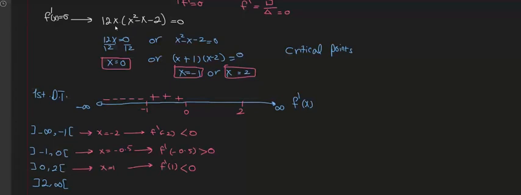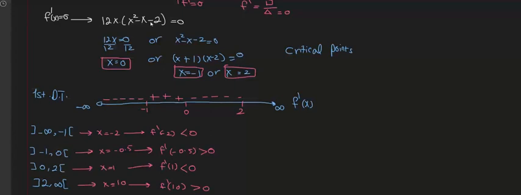Sorry, this is negative times positive, which is going to be negative. So this means that we have a negative interval, and after the 2 we might pick x equals 5 or x equals 10. So f dash of 10 is going to be a positive number.